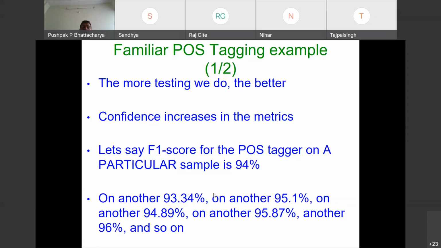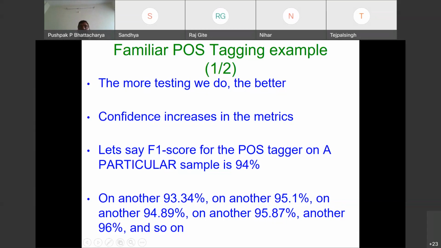So one thing is certain, because of the law of large numbers, that if I go on taking samples and running the part of speech tagger on them, and if I see a trend in the value, okay, mark this carefully, if I see a trend in the value, I can trust that trend. Based on the trend, I can say that the part of speech tagger has average accuracy.